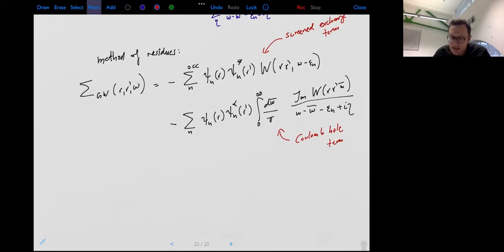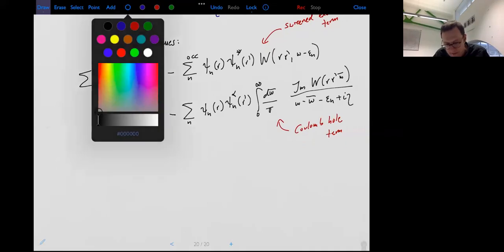So typically, though, at least in the past, people often used additional approximations to make this expression a little bit easier to evaluate. Nowadays, actually, very often, no additional approximations are used to evaluate this self-energy. But let's just see what these additional approximations are.